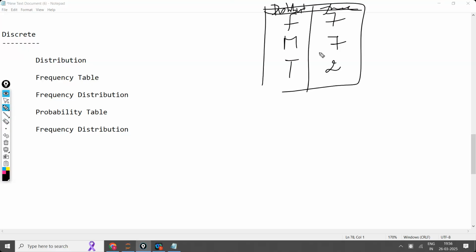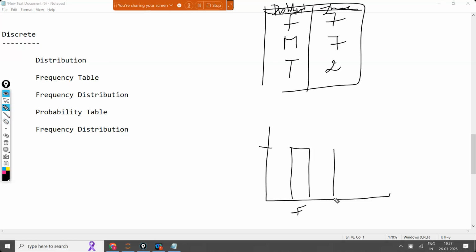Now the same thing you represent in a plot. The plot you are going to use is the count plot. First one is females with a height of 7. Males also with a height of 7.